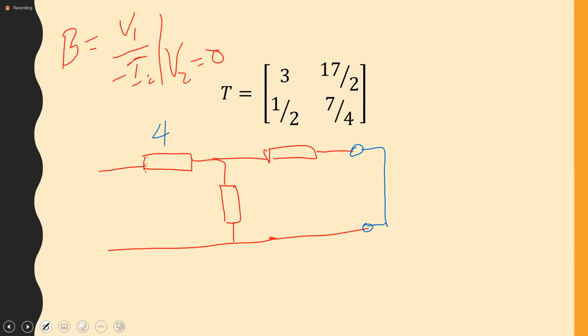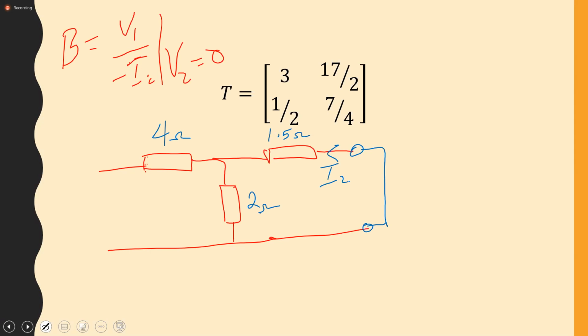This was 4 to 1.5. I2 is the current going in that direction. So if that is I2, in what direction is minus I2?